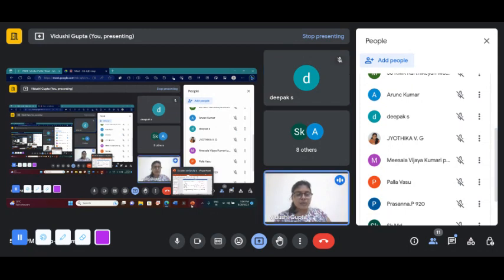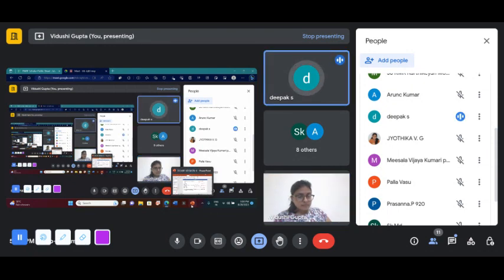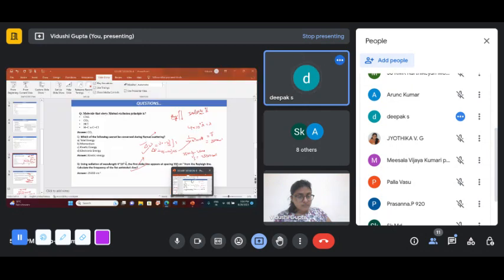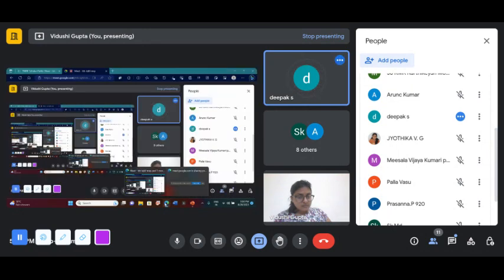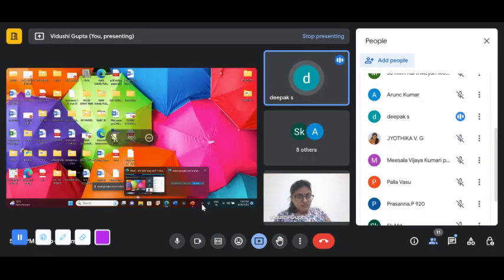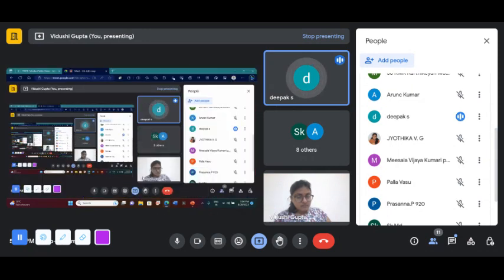In the second question, the answer was given as m cube h cut square by 2I, but it is actually m square h cut square by 2I. And there were three options with m cube h cut square by 2I.